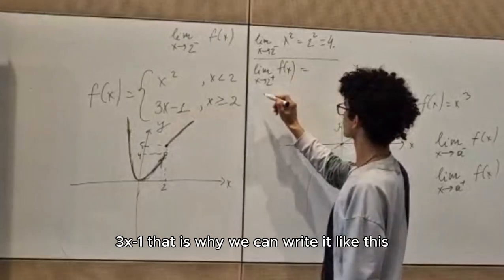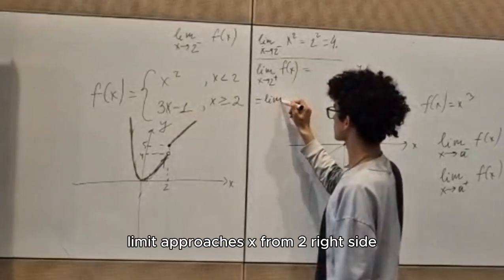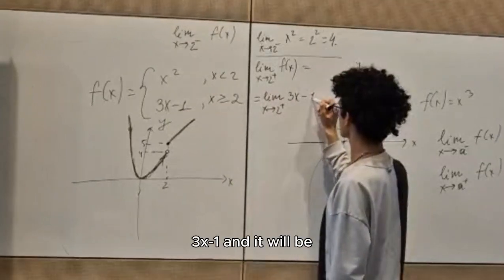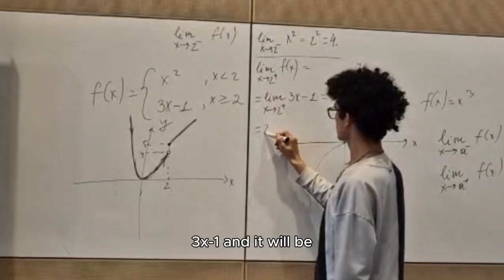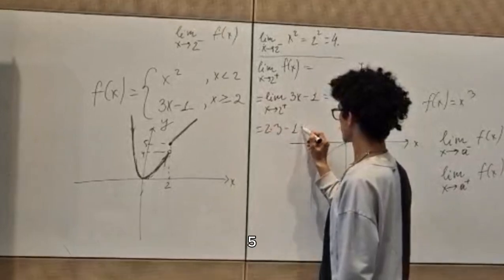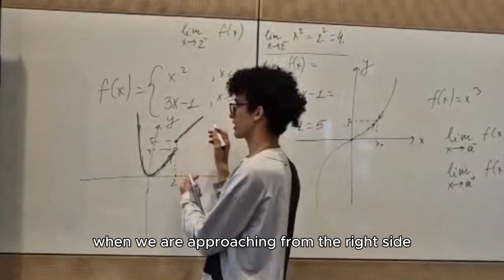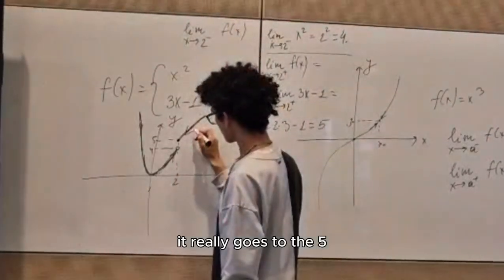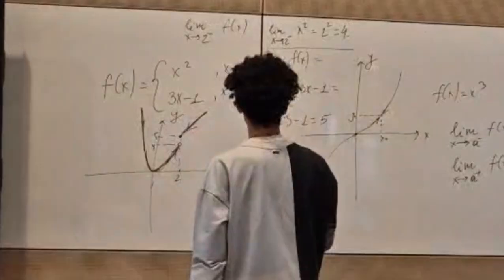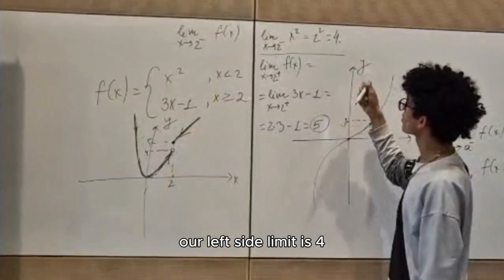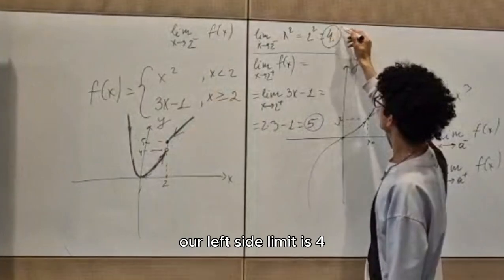That is why we can write it like this. Limit as x approaches 2 from the right side of 3x minus 1 will be 5. So as you can see, when we are approaching from the right side, it really goes to 5. So our right side limit is 5, our left side limit is 4.